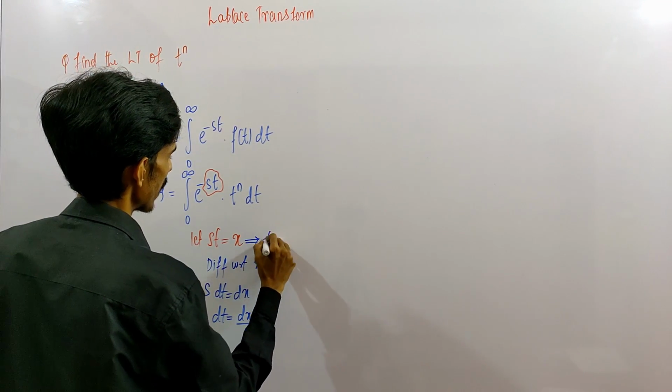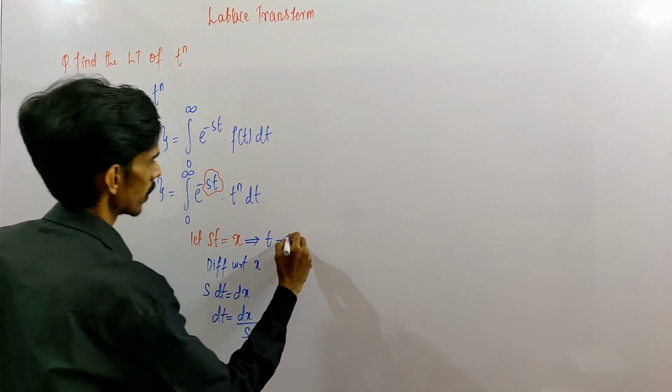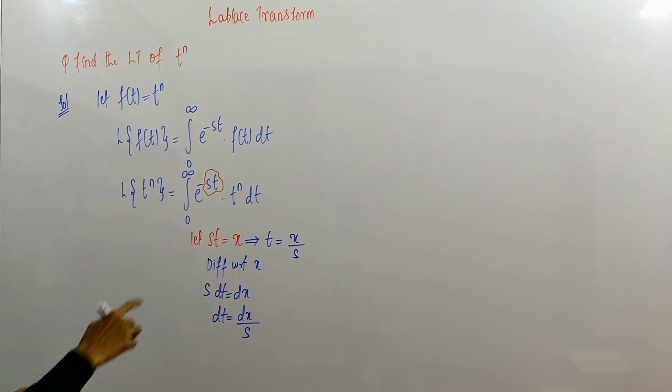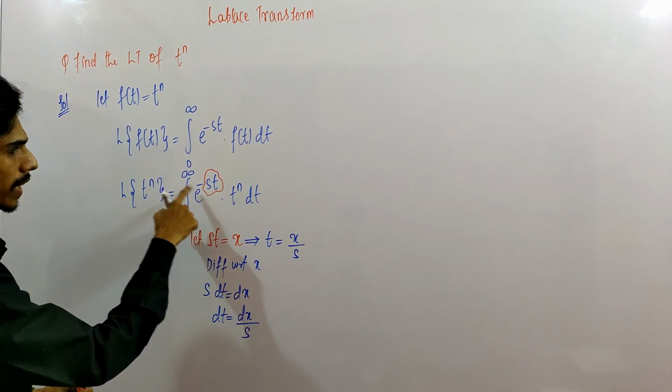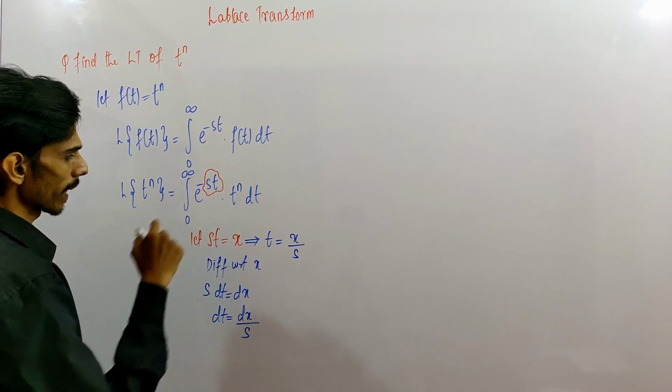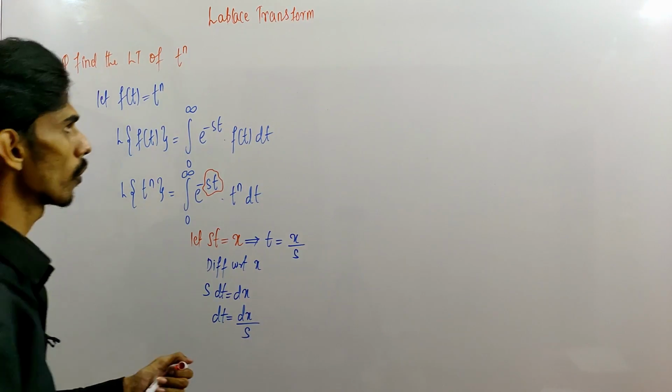From this, the value of t will be x by s. Here, this limit 0 to infinity is for t. We made a substitution for x, so new limits are required.